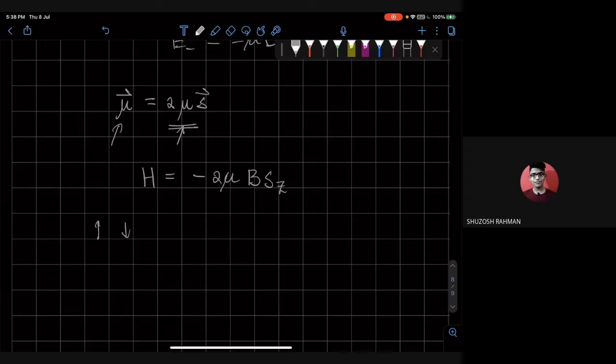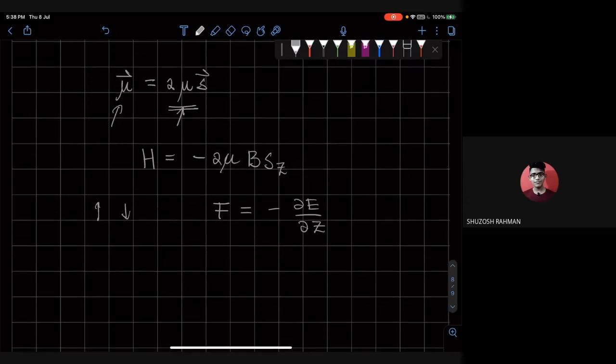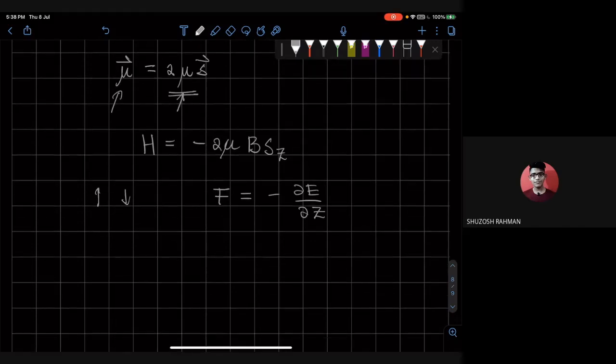Again, we appeal to our classical intuition. According to our classical intuition, the force on an object is given by the gradient of the potential energy. Here it's the same as the energy. So we see that the plus state is going to feel a force towards the increasing B field.